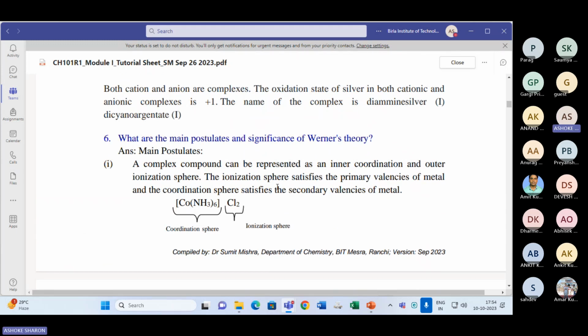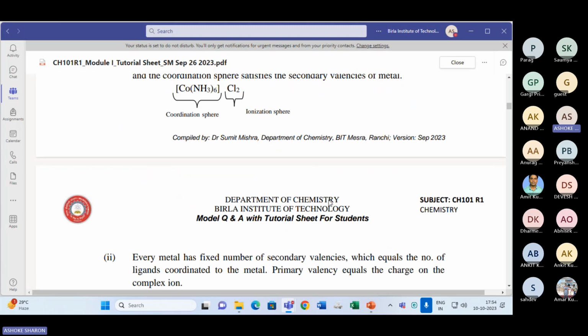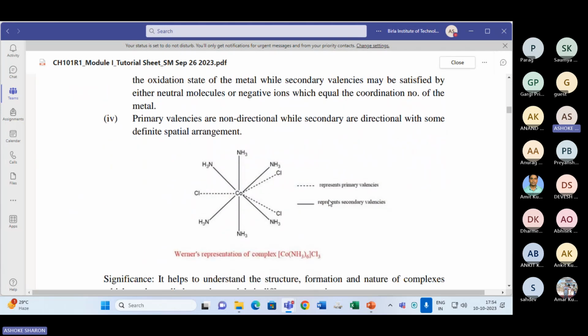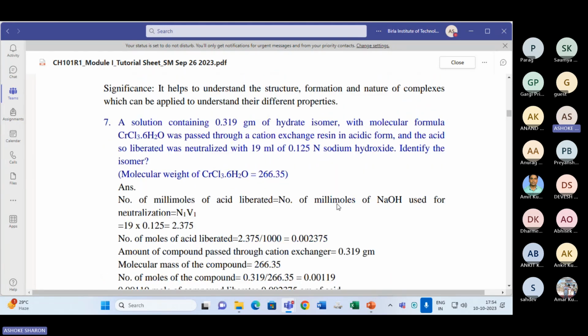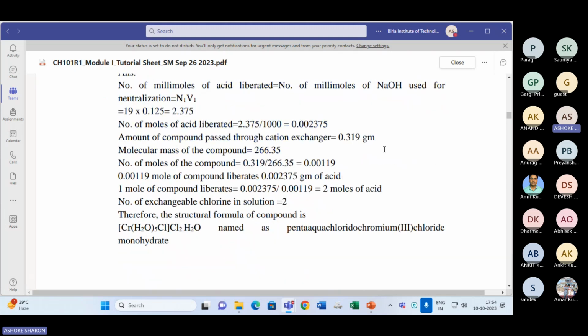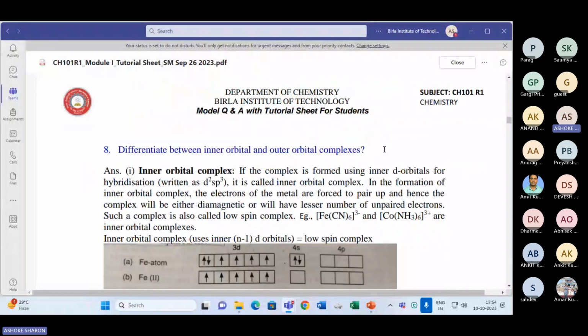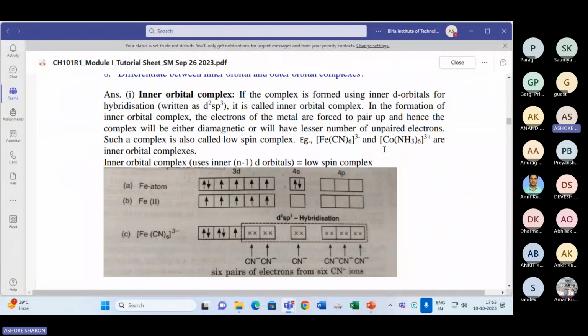Main postulates and significance of Werner's theory, we have discussed this. And from here, the important part is how much amount of silver chloride is precipitated. When we talk about Werner's theory, there is the inner orbital and outer orbital complex.